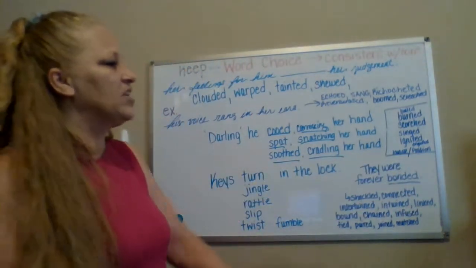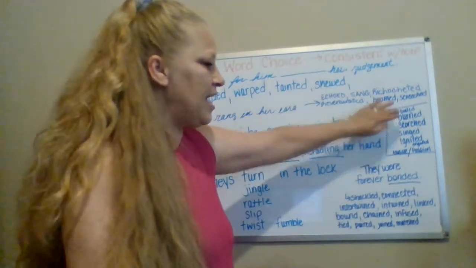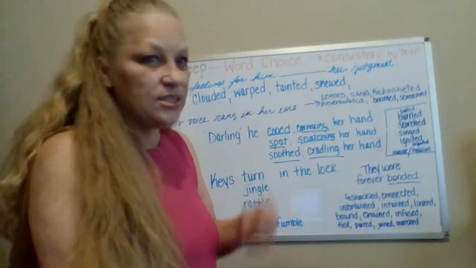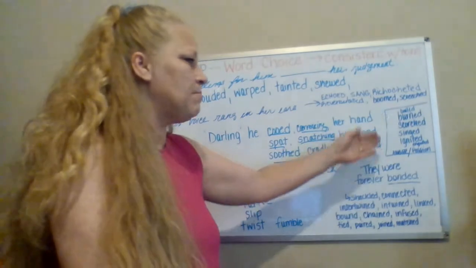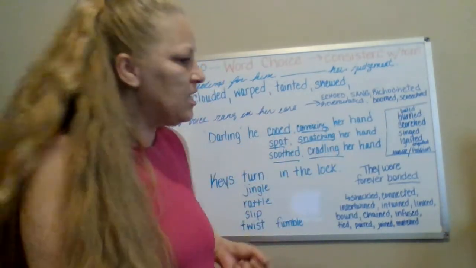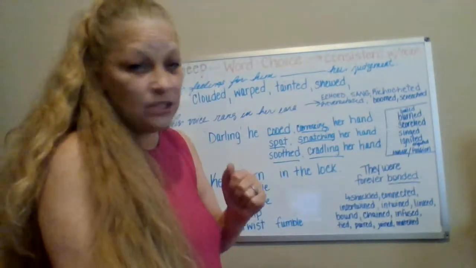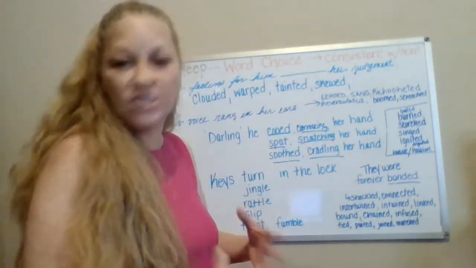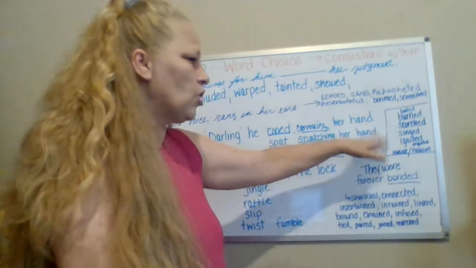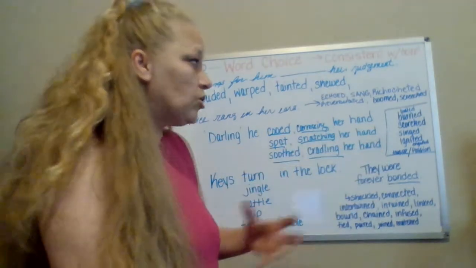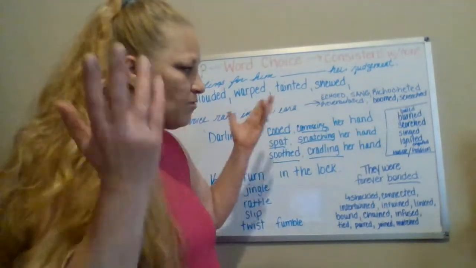So what I mean by this is, you could say anger boiled inside of her, or anger burned within her flesh. Or this could also be used for passion, passion burned deep within her. Or anger scorched through her veins.